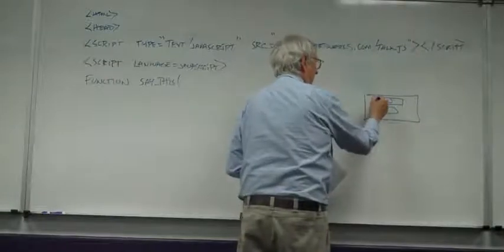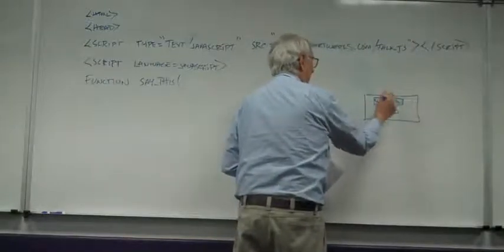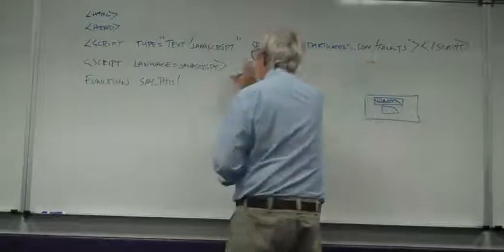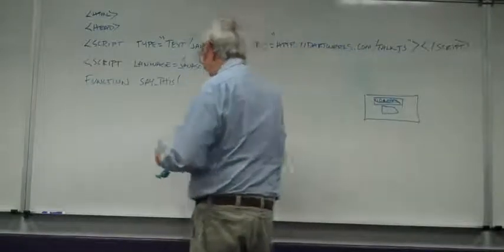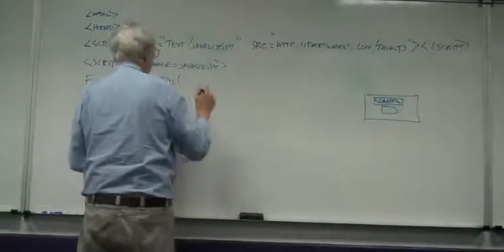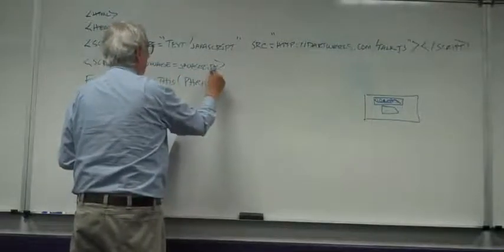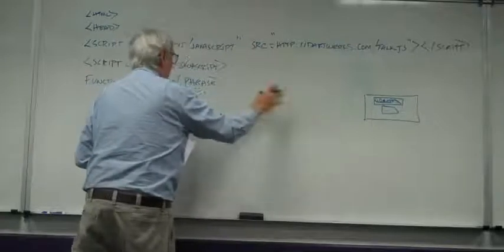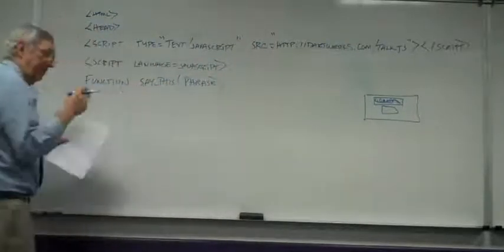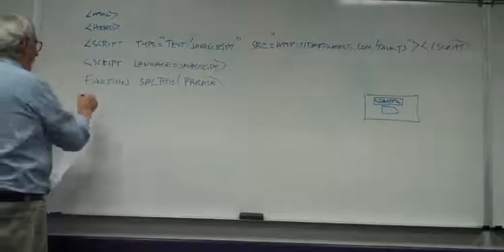I have to bring this phrase right here. If I press this button, I have to send this phrase up to here. It has to arrive in here. So I'm going to call it phrase right here. So in other words, when I press that button, it comes up and phrase is now in here. Whatever I typed in English is up in there, okay?